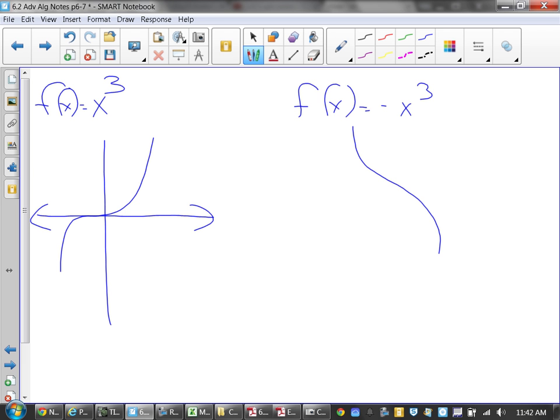If I have an odd degree with a positive leading term, as x is approaching positive infinity, what is f of x approaching in this case?